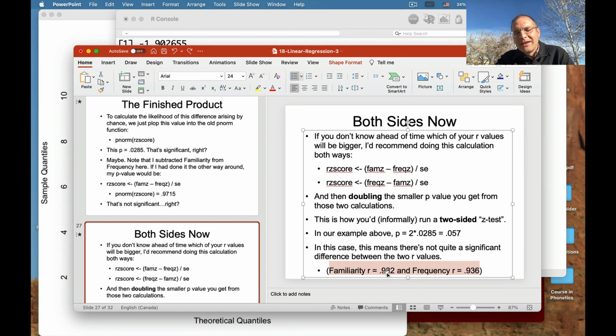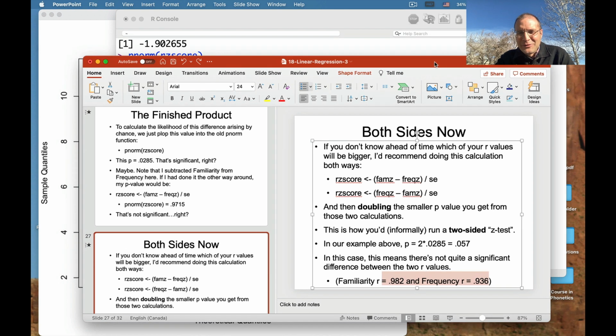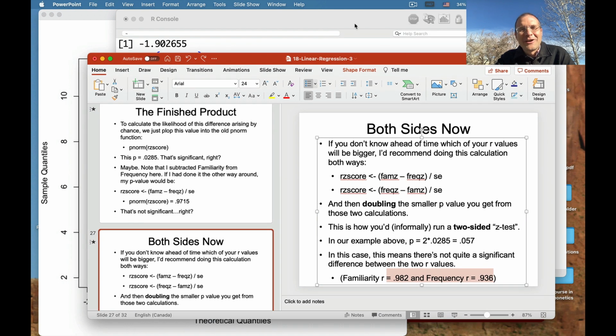You don't say at the end of the day, oh, the familiarity R is bigger, because your statistical test didn't show that. And if you do that, you're just going to get more false alarms than you want. Don't draw any conclusions from the non-significant results of a test other than that you're accepting your null hypothesis.